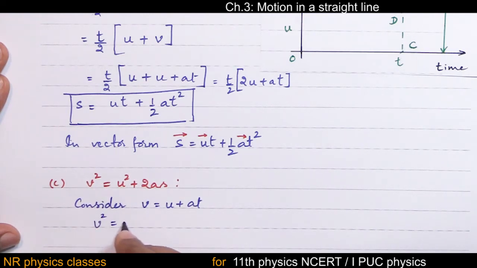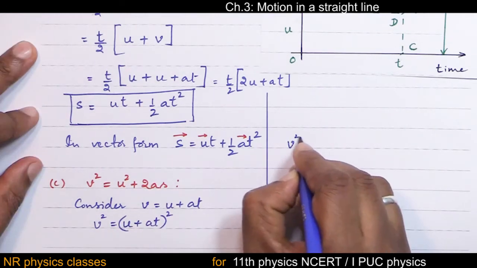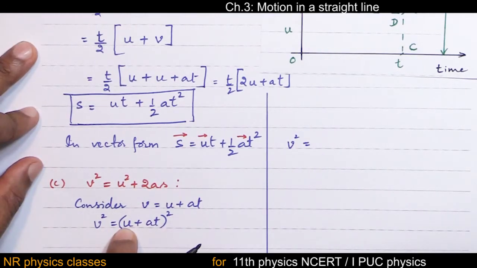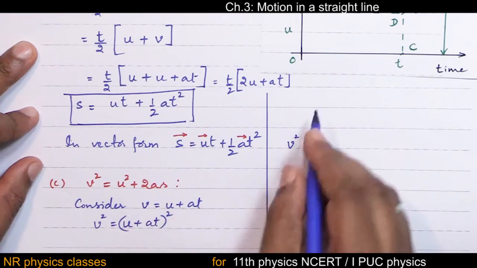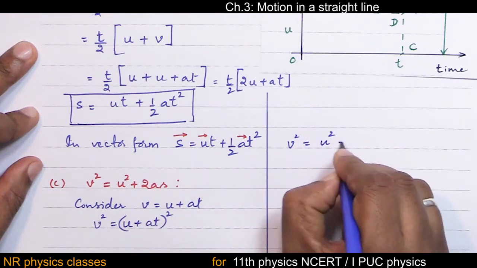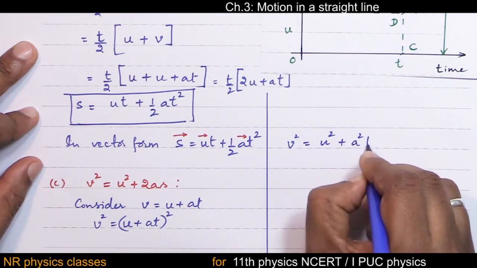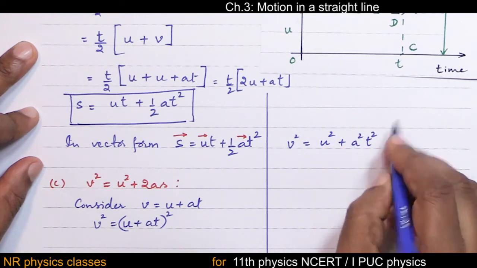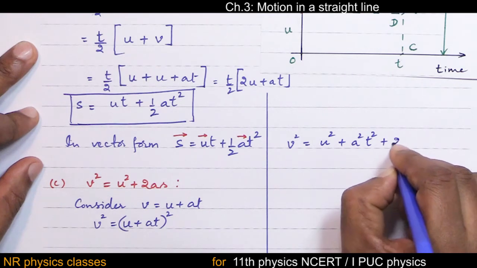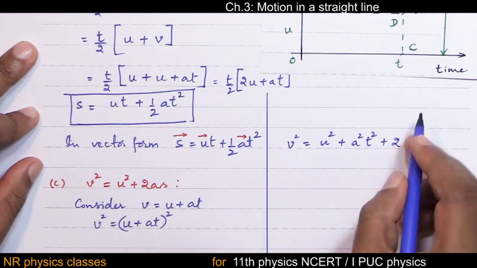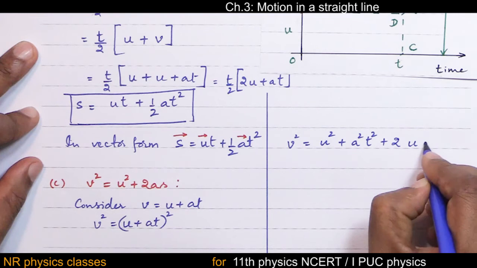V square equals U plus AT whole square. It is of the form A plus B whole square, so A square plus B square plus 2AB, where A is U and B is AT. So U square plus A square T square plus 2UAT.